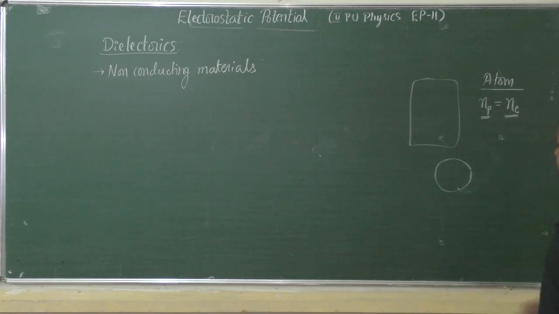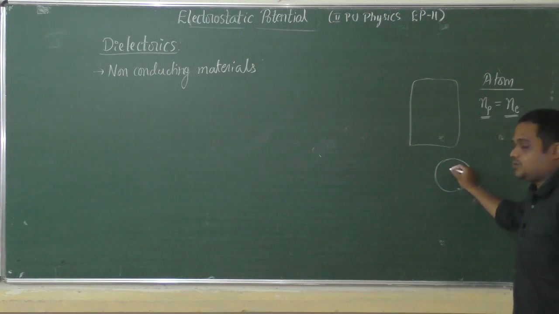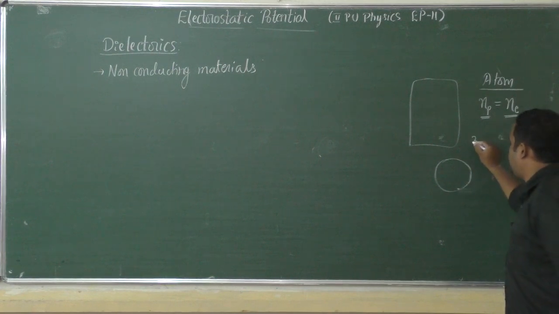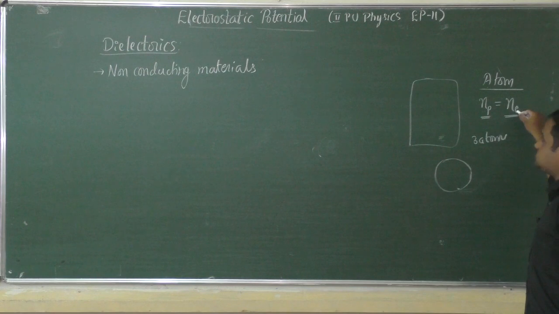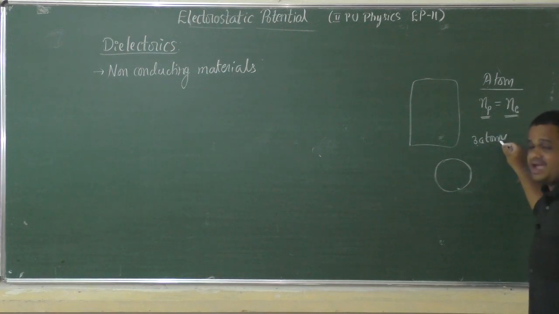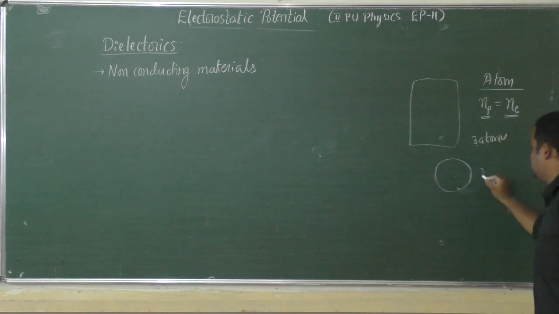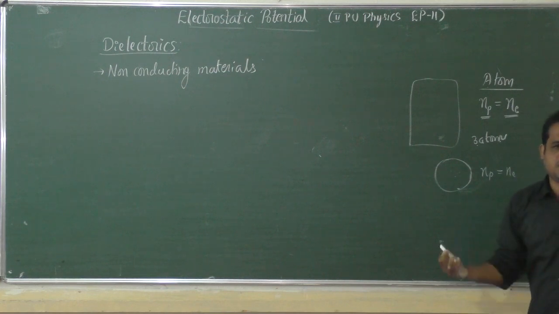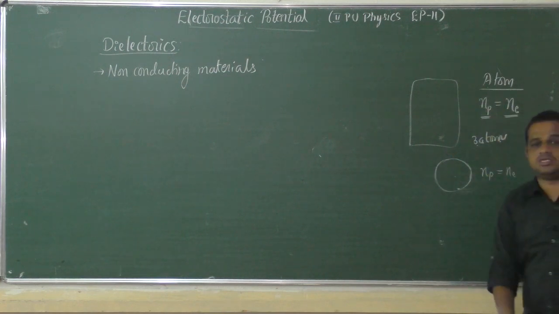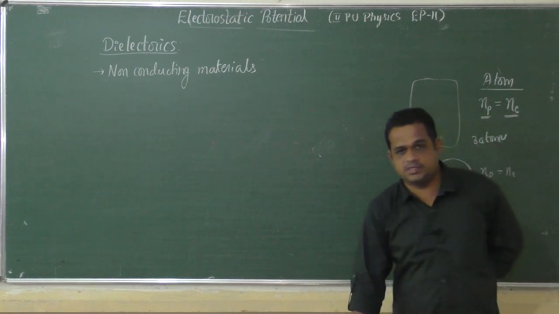If you consider a molecule made up of 3 atoms, in case of the molecule also, the number of protons will be equal to the number of electrons, because it is made up of atoms in which the number of protons and electrons are equal, isn't it?